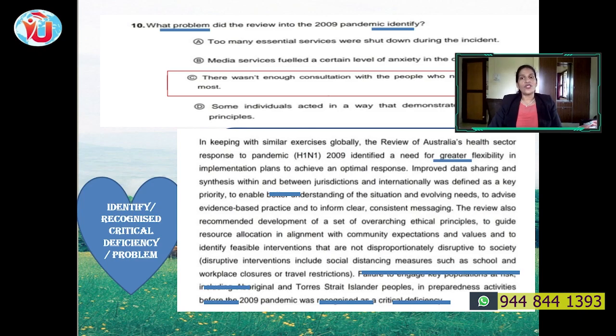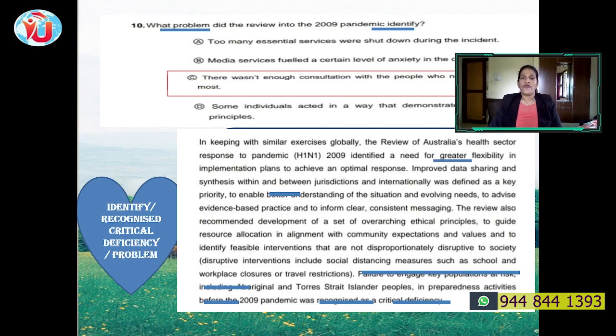The review also recommended development of a set of overarching ethical principles to guide resource allocation in alignment with community expectations and values, and to identify feasible interventions that are not disproportionately disruptive to society.